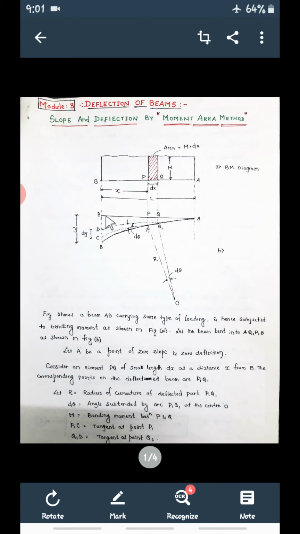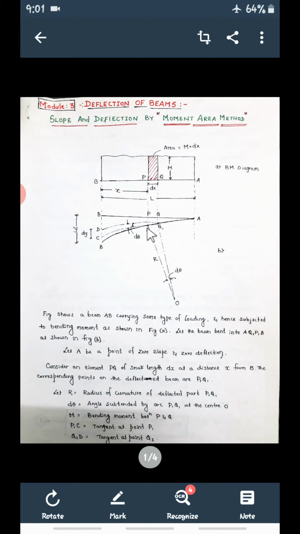Before loading, this is the straight portion AB, and when the load comes, the beam is going to deflect. This is the deflected shape of the beam AB. Now let us take two points P and Q on this beam. When it deflects, the points will be P1 and Q1.